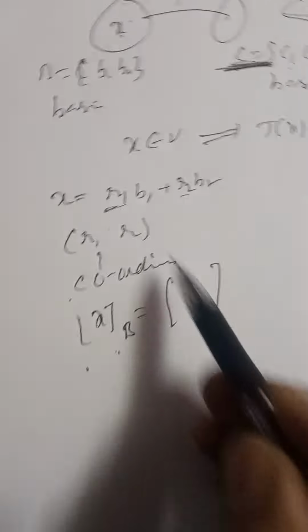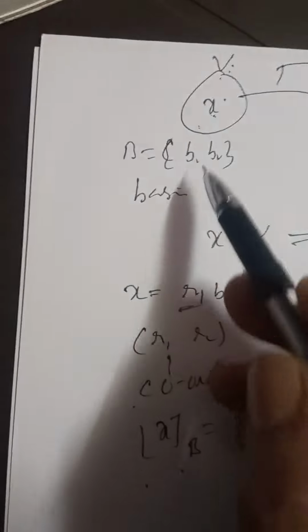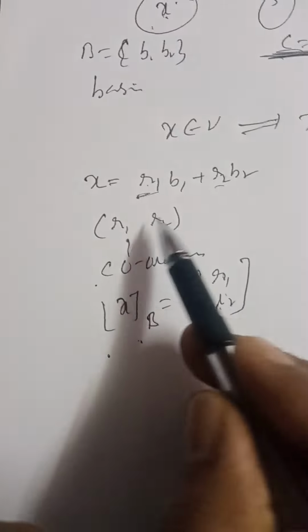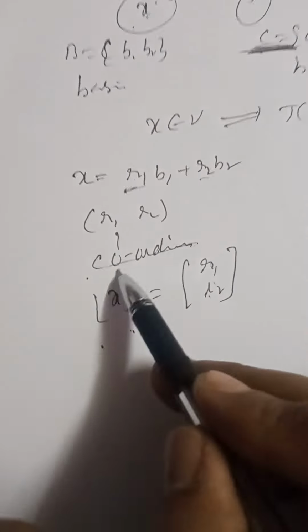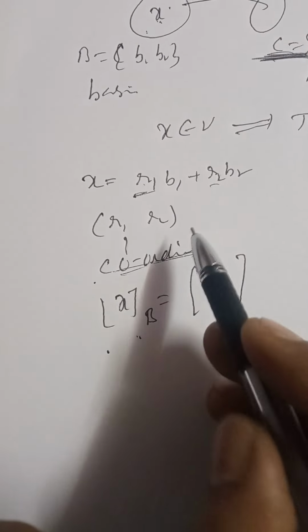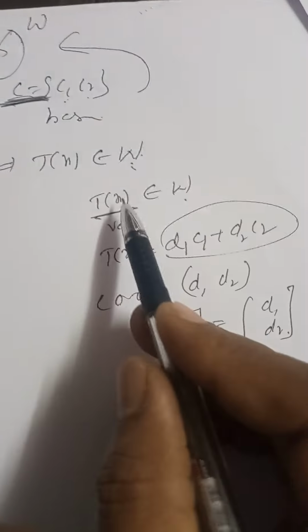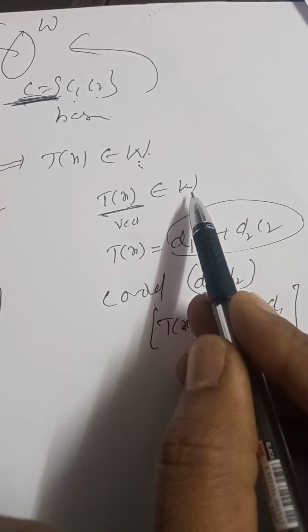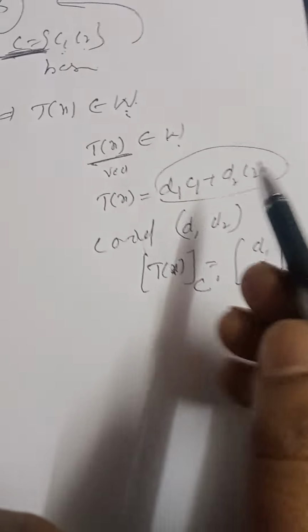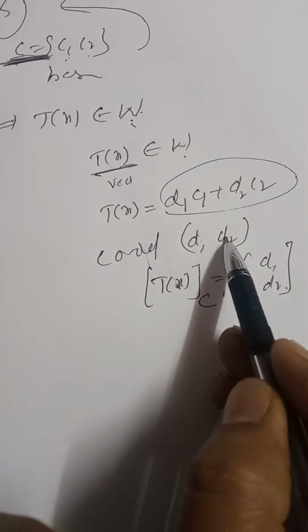There is a difference between these two, no? Here X is a vector in the domain, right? Now R1 and R2 are the scalars relative to the basis. These scalars are also called coordinates, which was a topic in our unit 3, right? Similarly, T of X is a vector in W and the basis is C. Now the scalars are d1 and d2.